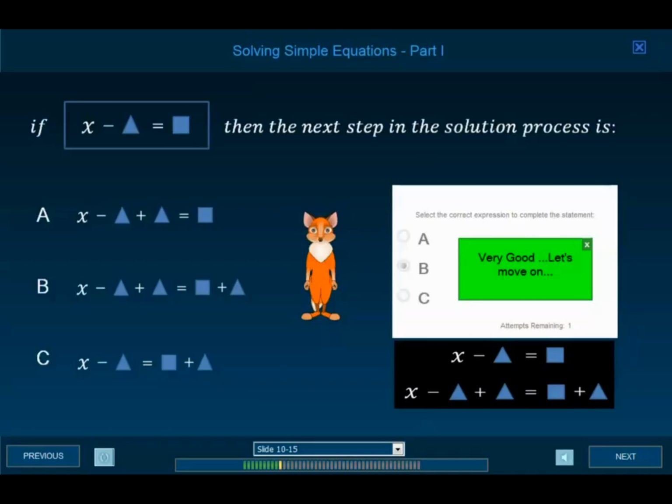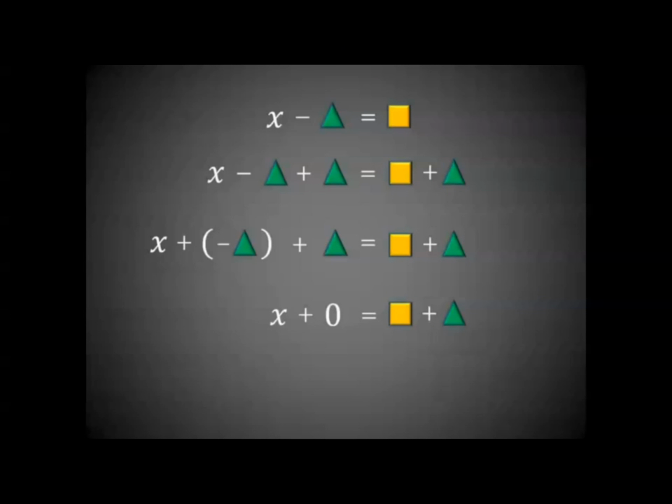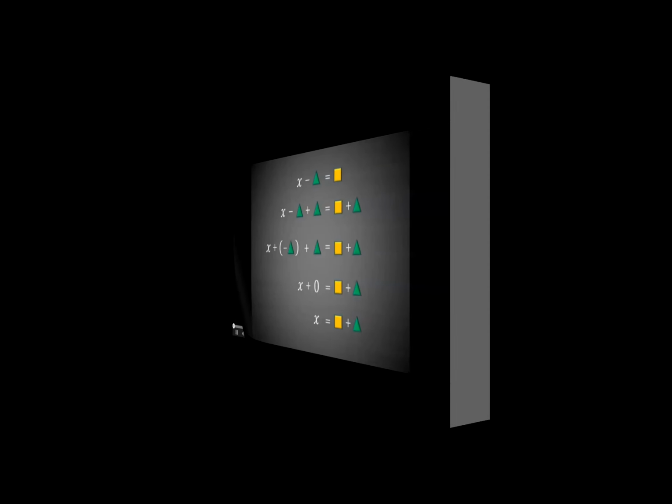Good work. The next step in the solution process is answer B. So our next step is to replace x plus 0 with x, and we rewrite the rest of the equation.